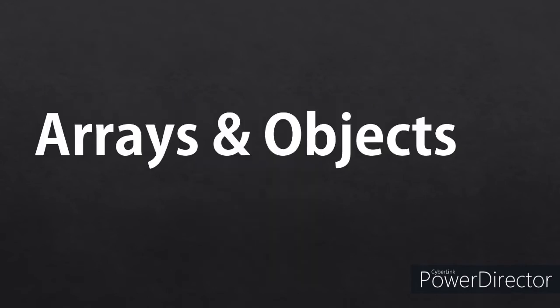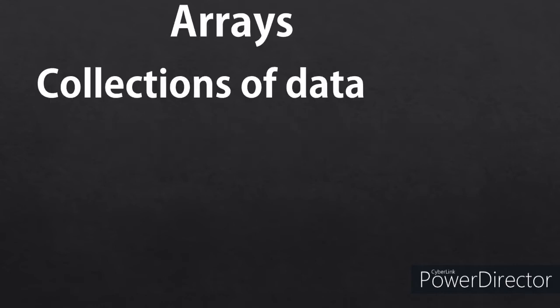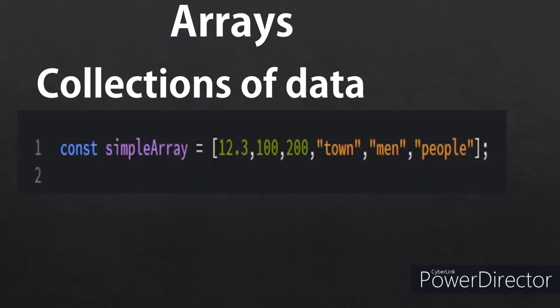Since the spread operator is mostly used with arrays and objects in JavaScript, let's quickly review them. Arrays are merely collections of data. In JavaScript, the data in an array can be of the same type or of different types. Arrays in JavaScript look like this. It shouldn't be a surprise to you that arrays are used all the time in JavaScript projects.